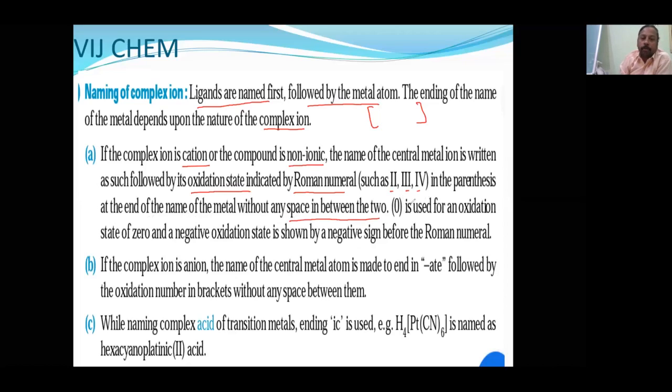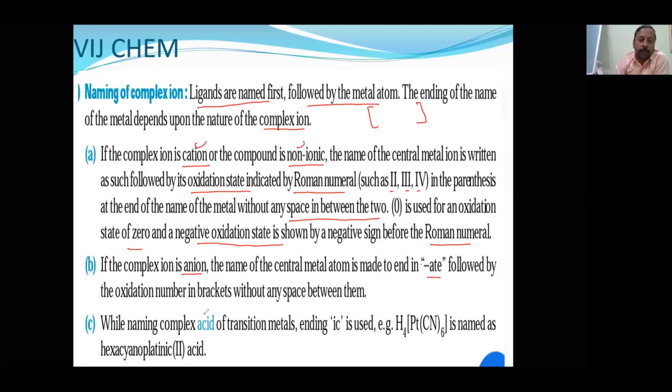Zero is used for oxidation state 0, and a negative oxidation state has a negative sign before the Roman numeral. If the complex ion is an anion, then the name of the central metal atom ends with -ate. If non-ionic or cationic, nothing is to be added.